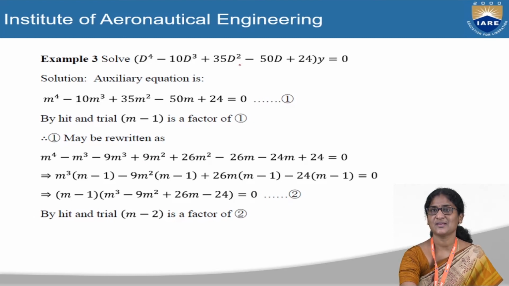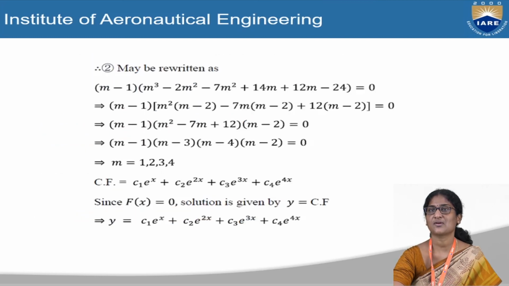So m is equal to 1 is a trial. Now do the synthetic division of the given auxiliary equation by m equal to 1, and we will get the other roots. Likewise we can find all 4 roots required in the question.